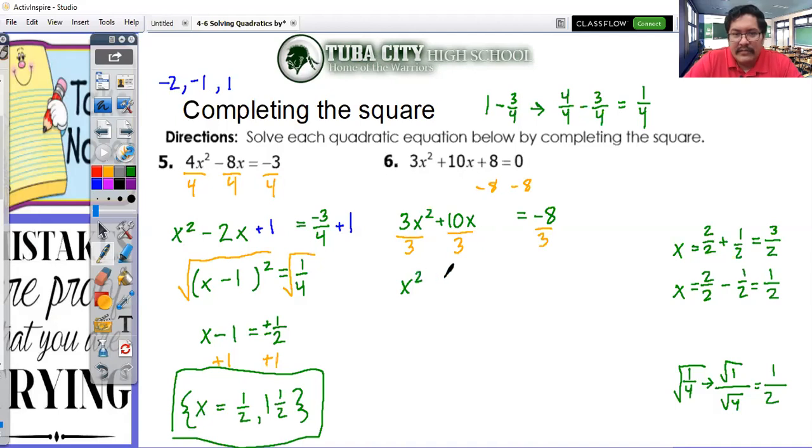Because when we're trying to complete the square, having an a value is going to be a really tough thing. And it looks like we're going to be left with a bunch of fractions.